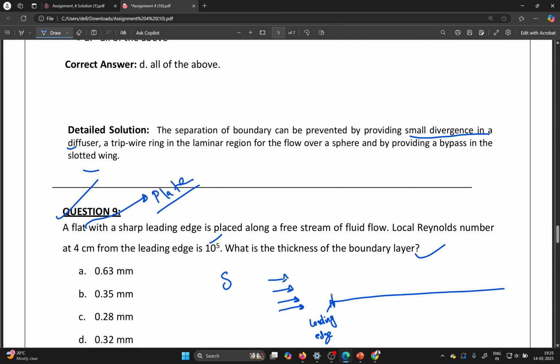Let us suppose this is your 0, and from here 4 centimeter in this direction, if this is the x direction. At 4 centimeter the Reynolds number is 10 to the power 5. As you know already, the Reynolds number in case of a flat plate, if it is 10 to the power 5, the flow is laminar.